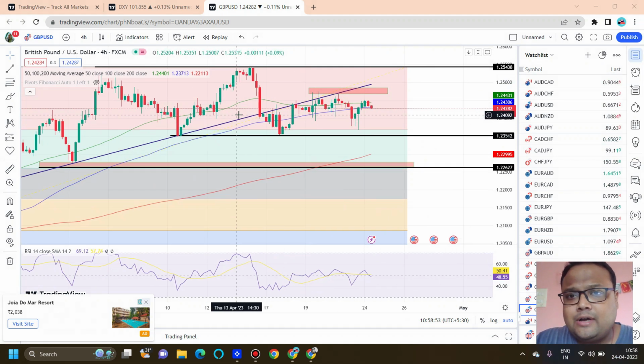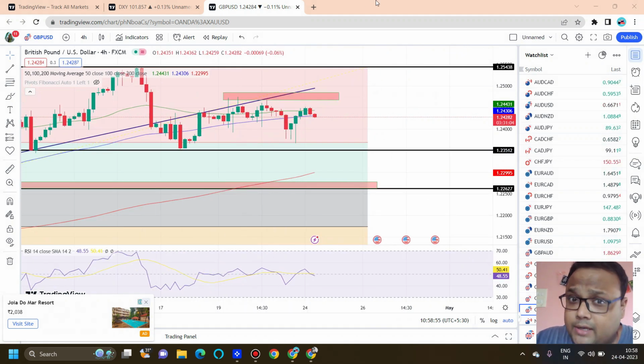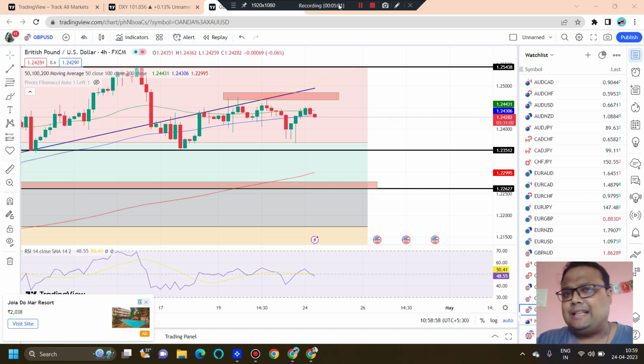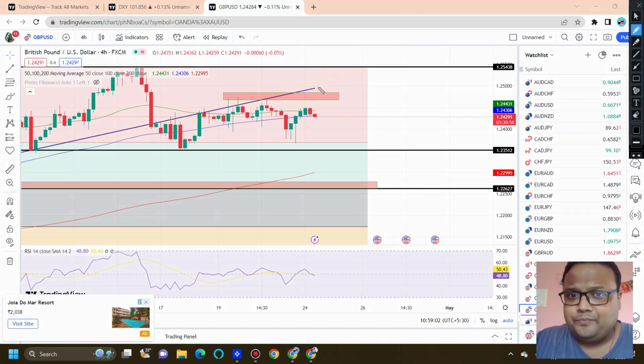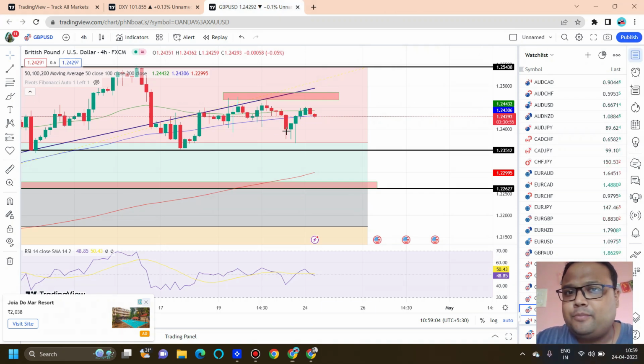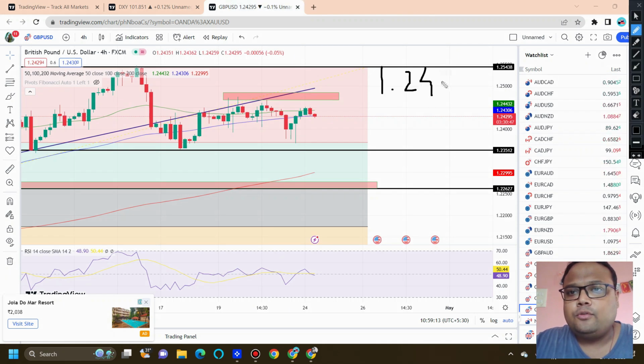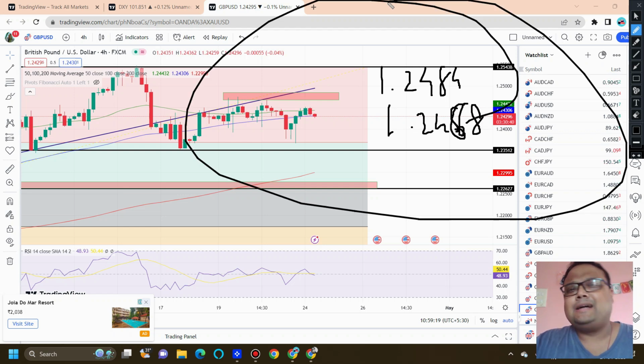On Saturday also I explained that during the day, if the market remains like this and starts going up, then we can look for a quick selling opportunity around 1.2484 to 1.2468. This is a quick selling opportunity on the chart of GBPUSD if the market hits the level and reverses.